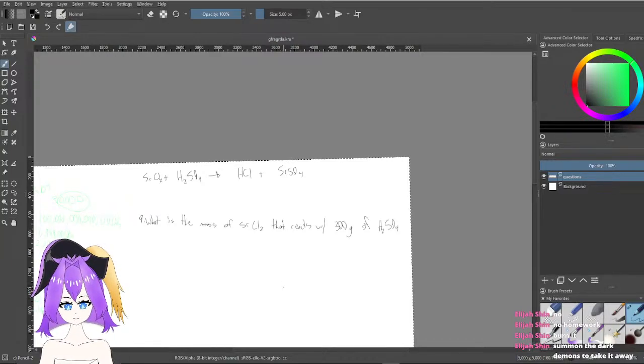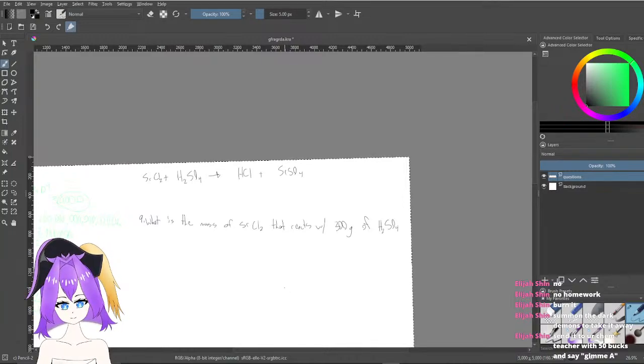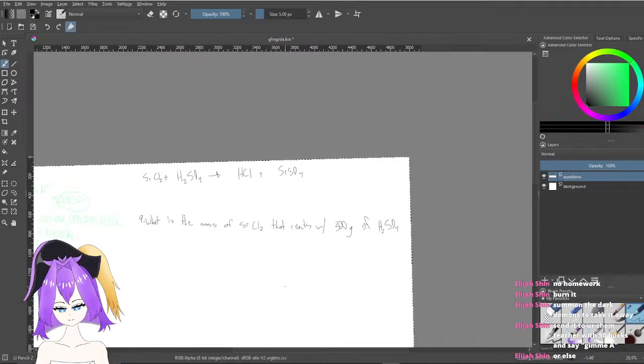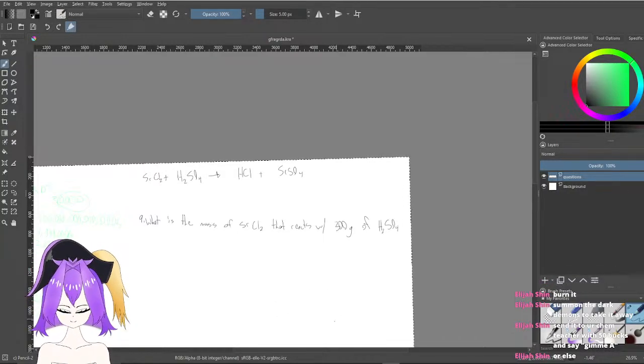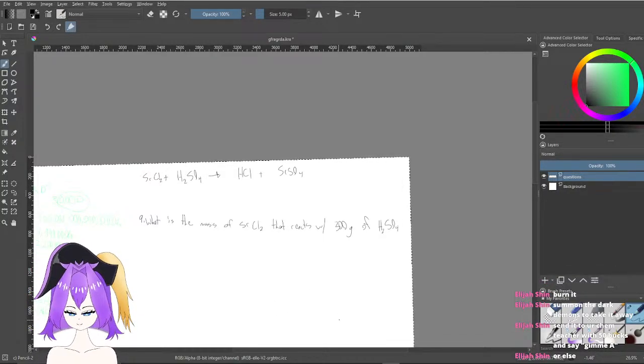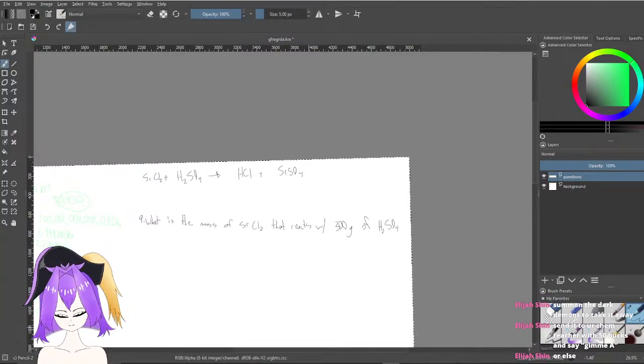I actually don't remember going over something like this. Are the rest of the questions like this? Not really. So I guess I'm gonna have to review percent yields and stuff.